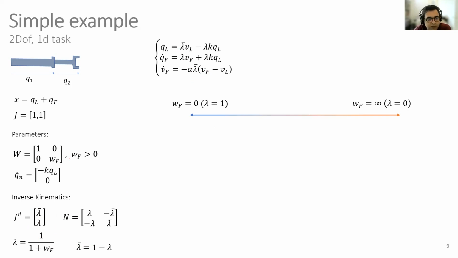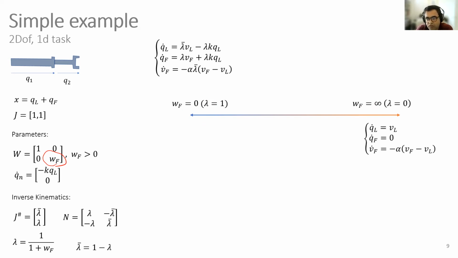This parameter WF means how expensive the follower is. So if we have a very high WF, it means that the second joint should not move, and all the tasks should be done by the first joint, and the opposite here. WF equals 0 means that the second joint is really cheap, and all the tasks should be done by the second joint, by the follower.